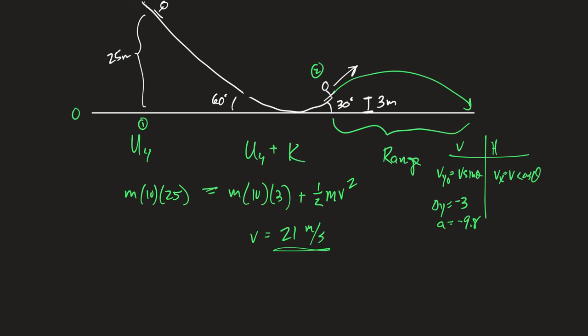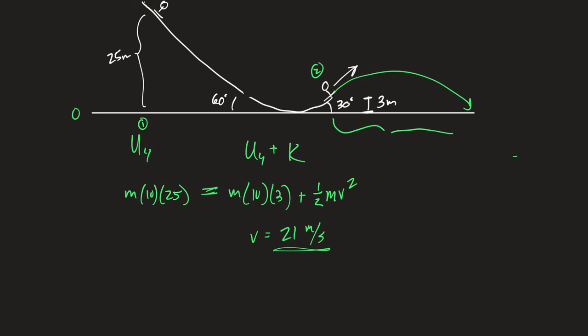Now, this made an assumption. And the assumption was that there was no loss due to friction or air resistance. So what if you're actually on site and your friend is doing the jumping and you observe them doing the jumping, and you find that they're only launched at 15 meters per second. Now you'll notice that 15 meters per second is clearly less than 21 meters per second. Would you correctly identify that something did work on the system?